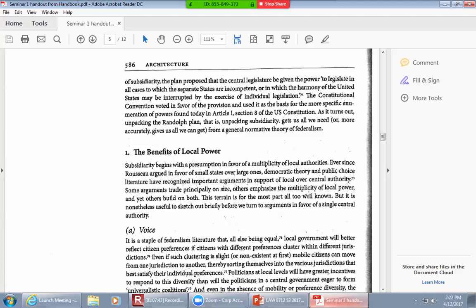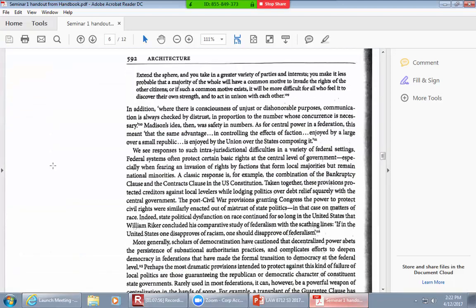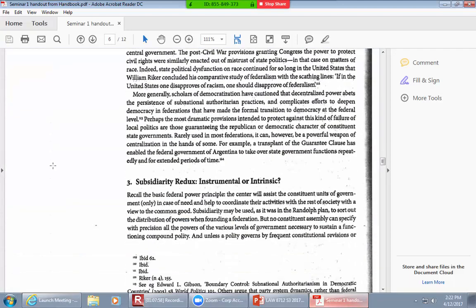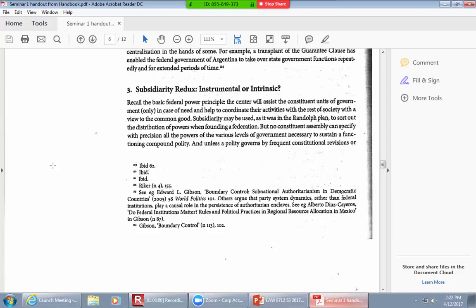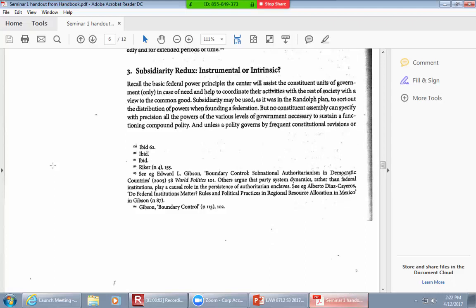All right, let's just leave that there, and we'll come back to that later on. Let's go to page 592, and let's talk about subsidiarity redux, or redo, instrumental or intrinsic.